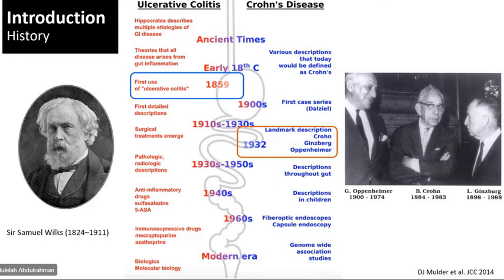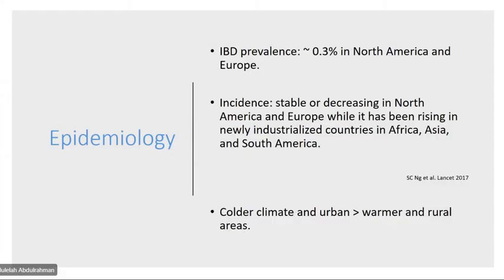So they started collecting those patients, and Dr. Crohn as well supported with the number of patients that he had, and they published their first case series or cohort of patients with such disease. So ideally, you should have called the disease Ginzburg disease, but as I told you, because of the alphabetic order, Crohn's name was first, so we started calling the disease Crohn's disease.